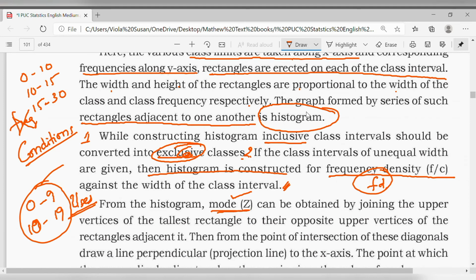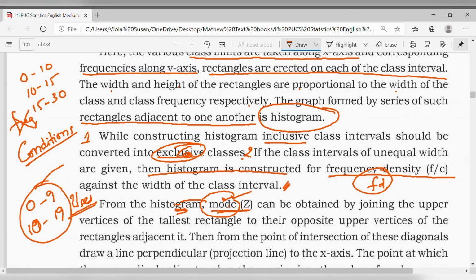We have a separate formula to calculate mode, but at the same time, without using any formula, we can also calculate mode using diagrams. And how do we find mode? It's only using the histogram. With the help of a histogram, mode can be obtained by joining the upper vertices.